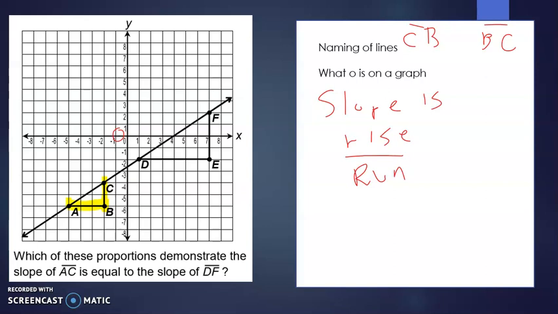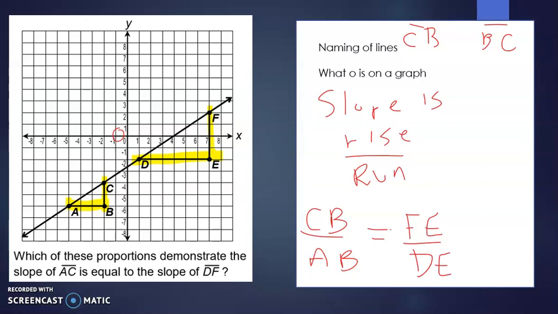So if I wrote this, it would be CB is to AB is equal to FE to DE. That would be writing the proportions in letters.